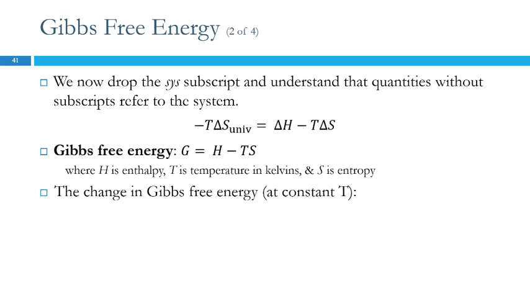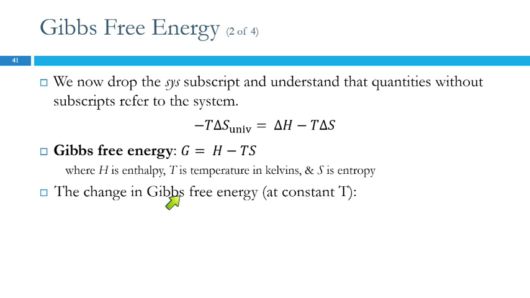So here's another quantity. You know, we had enthalpy and entropy, and now we've got Gibbs free energy. So Gibbs free energy is defined as H minus TS. So H is the enthalpy, T is the temperature in kelvins, and S is the entropy.